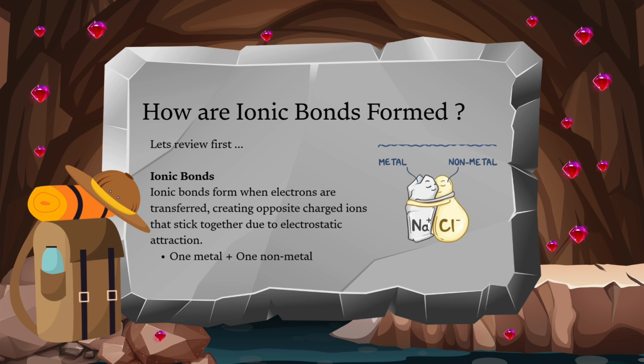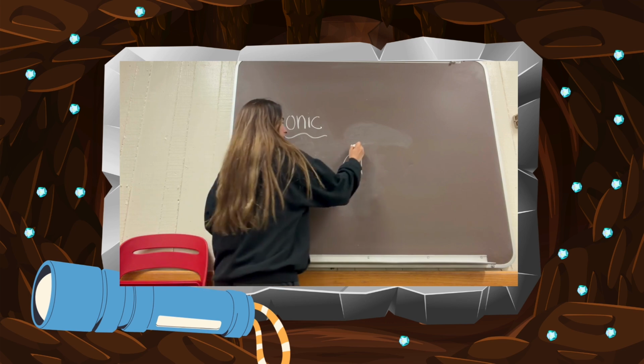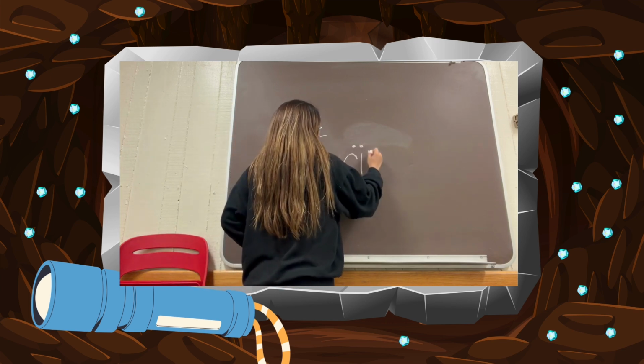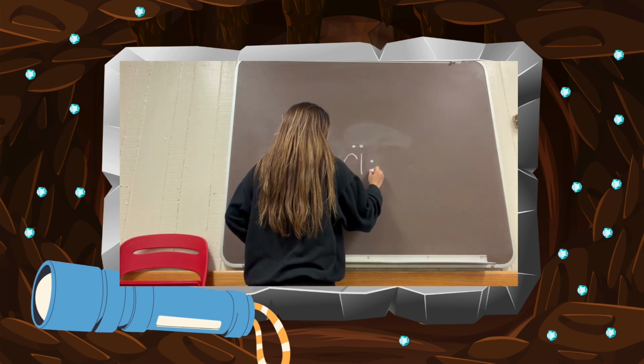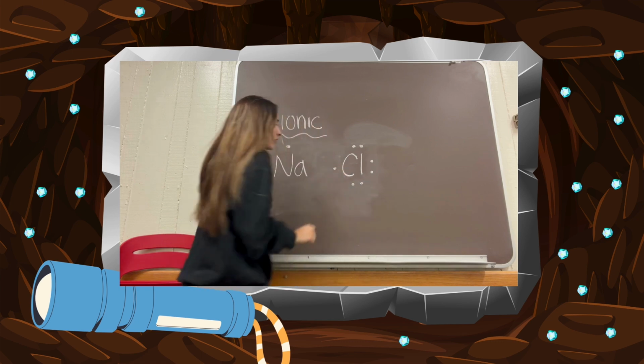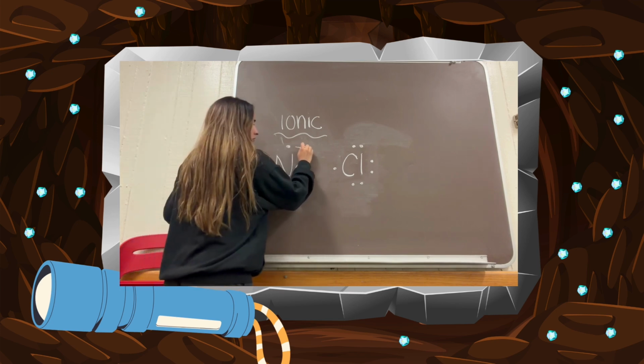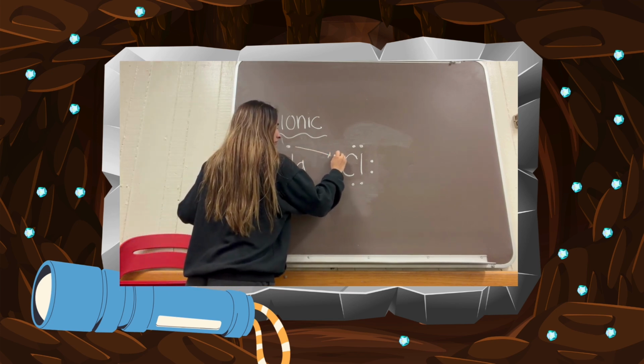So I will be showing you a very quick demonstration of how to figure out ionic bonds. To give a quick visual, we're going to do sodium and chloride. Here we know sodium has one valence electron and chloride has 7. They want to fill up their shells, and so what's going to happen is that sodium, which is a metal, is going to lose its electron and give it to chloride.